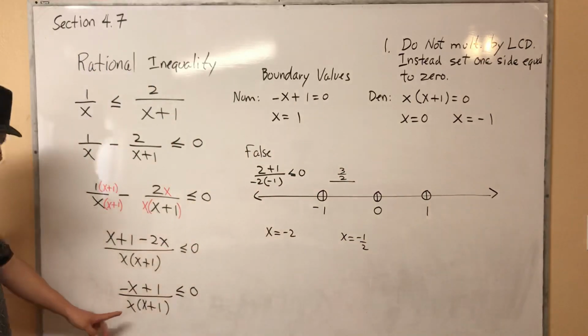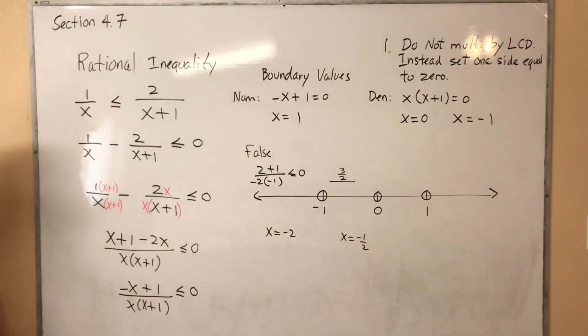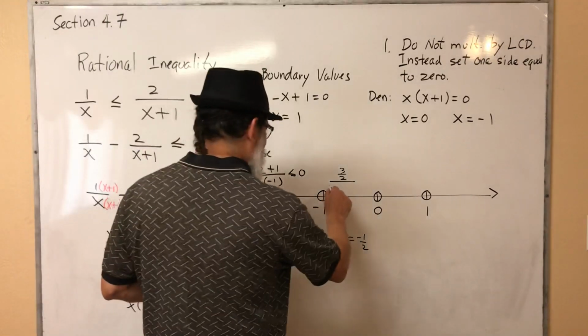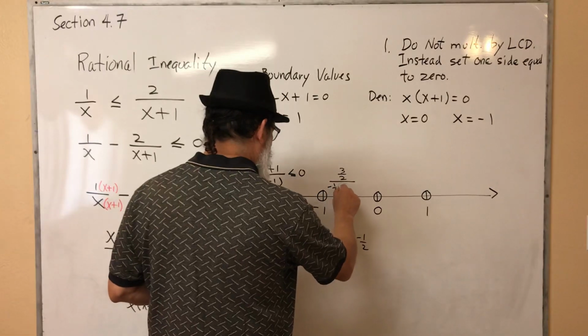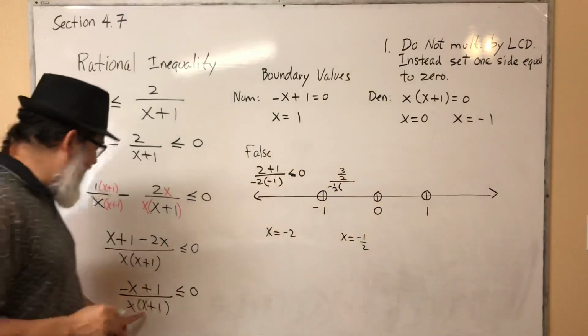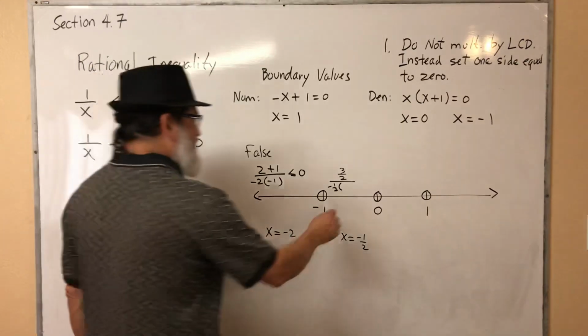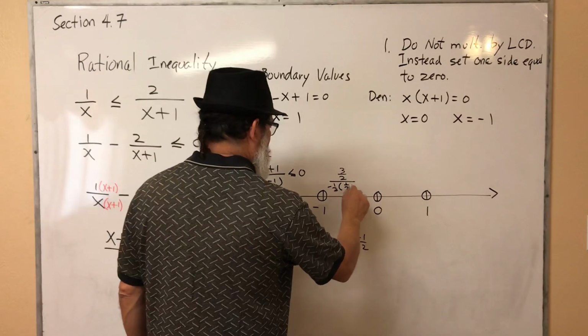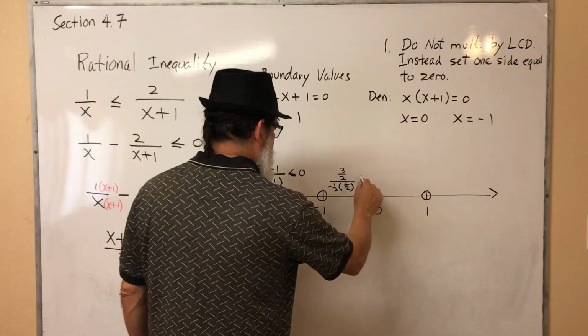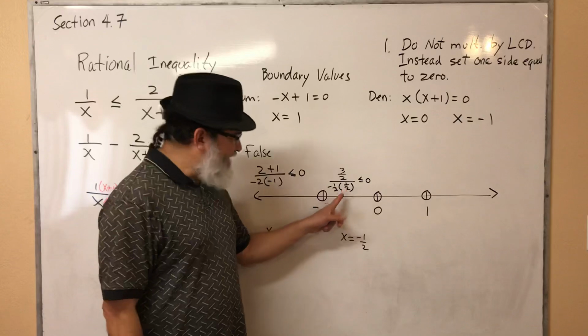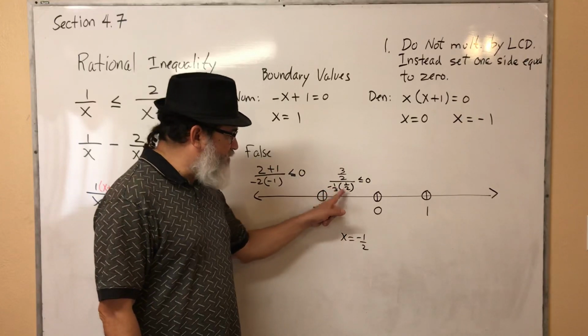Okay, the bottom. Watch this. Bottom. That's negative. -half. What's -half plus 1? That's half. In the denominator, we have a negative times a positive.